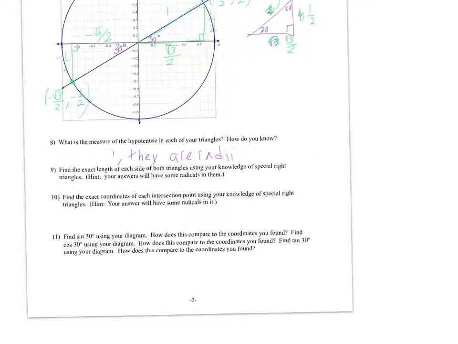For number 11, we've got to find sine of 30 degrees. Well, based on this triangle, sine of 30 is going to be opposite divided by hypotenuse. Sine of 30 is going to be 1/2 divided by 1, which is 1/2. It looks to me that that's the same as the y coordinate.